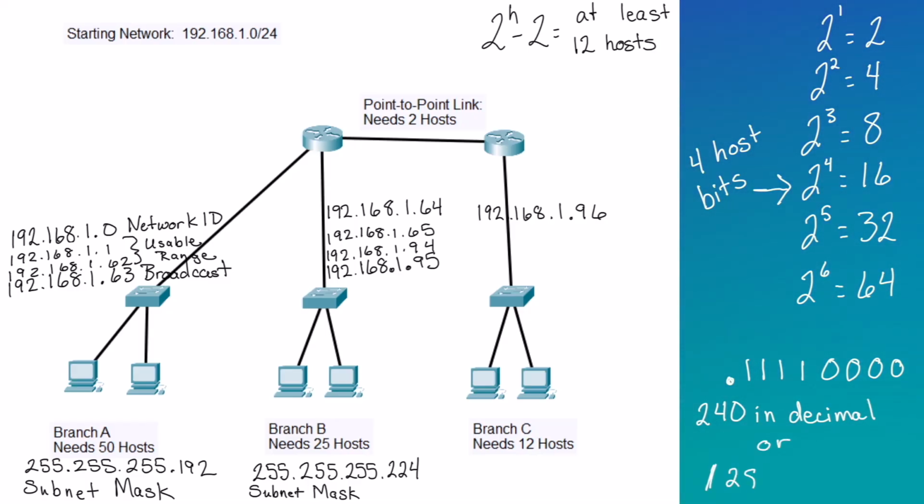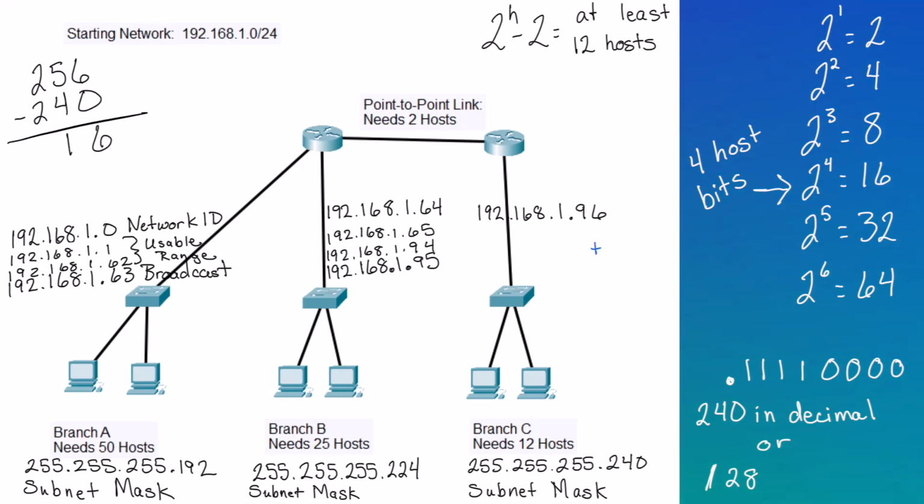We put our 4 zeros here in the subnet mask, and then that will calculate to the decimal value of 240. So our new subnet mask is 255.255.255.240 for branch C. 256 minus 240 gives us our block size.